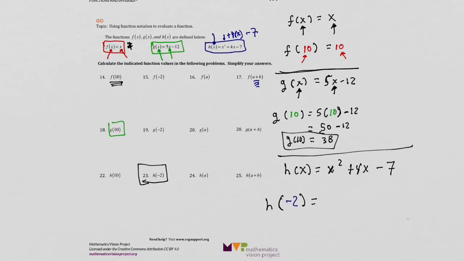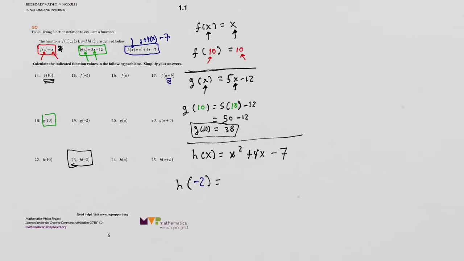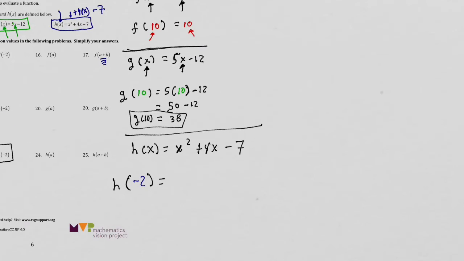And remember, the only thing that should change is our x's. So everywhere we see an x, we're going to replace it by a negative 2. Everything else remains the same. So I'm going to use these placeholders for now. These placeholders are nice because I just fill them in with my value here.